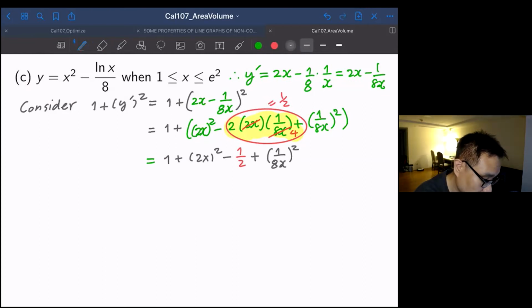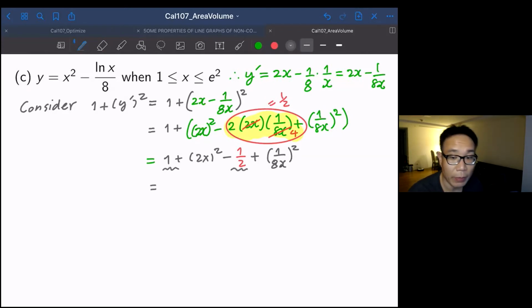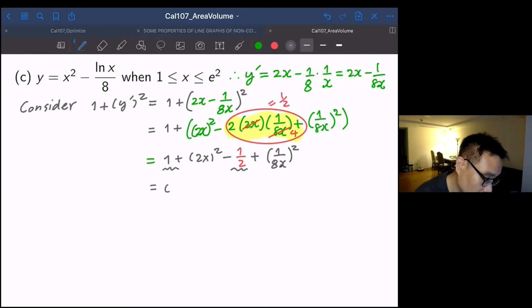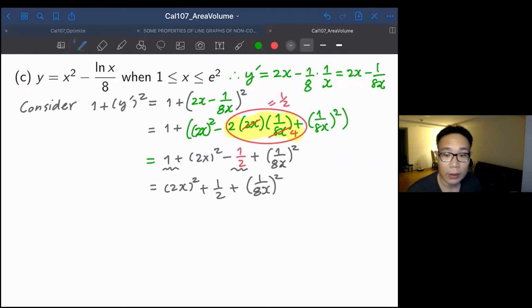And you can see that this 1 and 1/4 can be combined together. So you would get 2x squared plus 1/4 plus 1 over 8x squared.